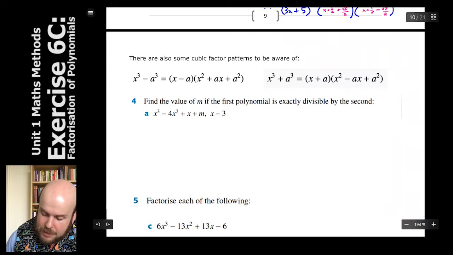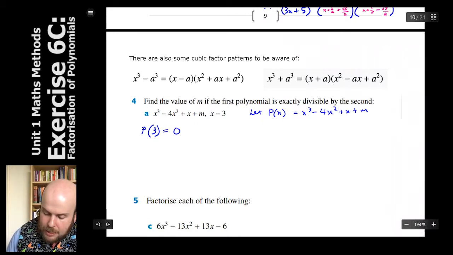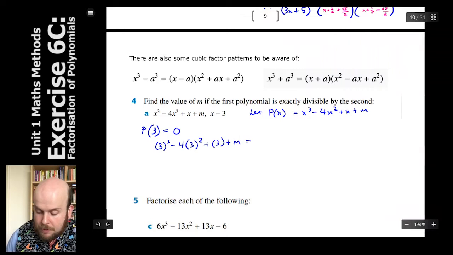So if I know that it's exactly divisible by the second, that means if I was to substitute, I'm just going to let p of x equal x cubed minus 4x squared plus x plus m. If I substitute 3, it should equal 0. So that's what I'm going to do. 3 cubed minus 4 times 3 squared plus 3 plus m is equal to 0.